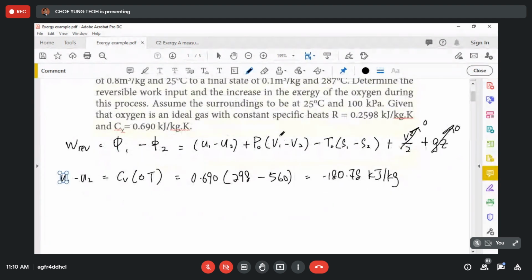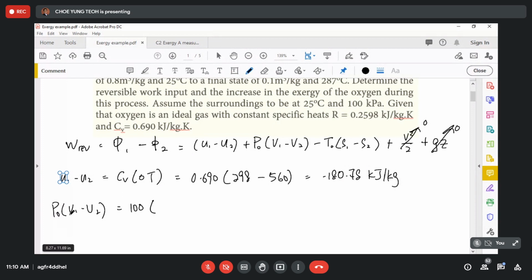Then we look on the second term, P0, V1 minus V2. For this case, same thing. P0 is the surrounding pressure, 100 kilopascal. But remember, just put 100 because the final answer is in kilojoule per kg. Okay, and then V1, remember the final answer is in kilojoule per kg.